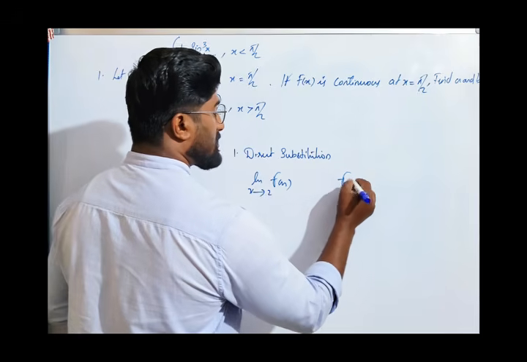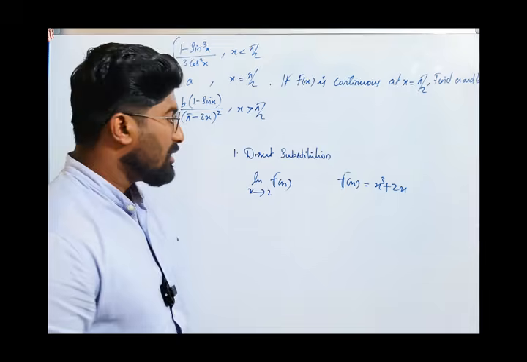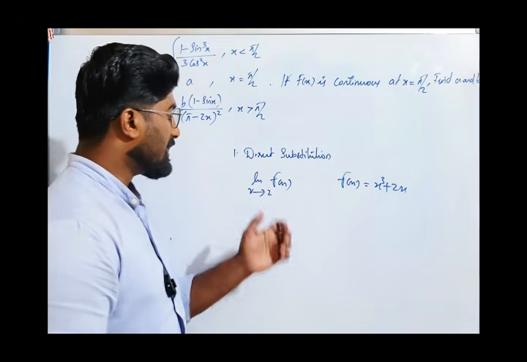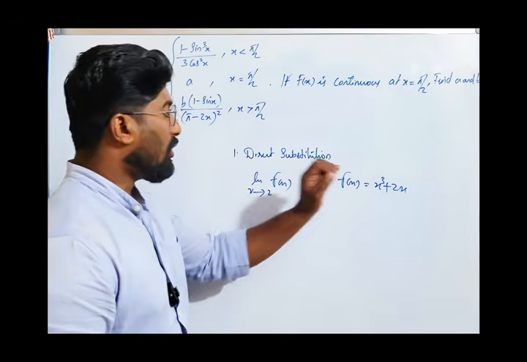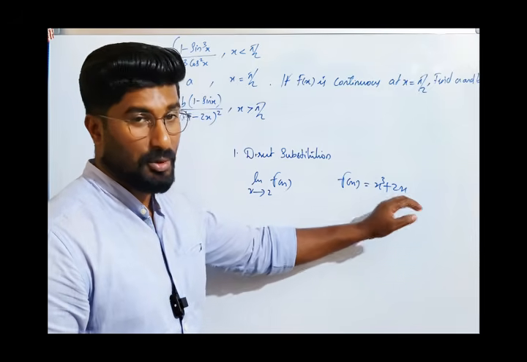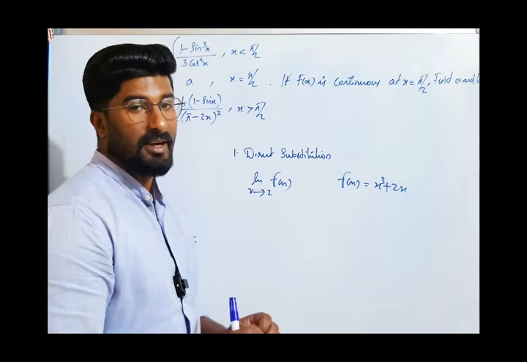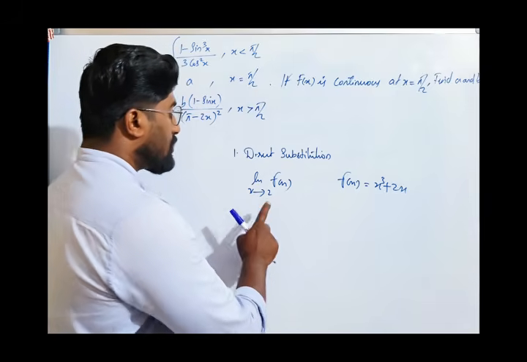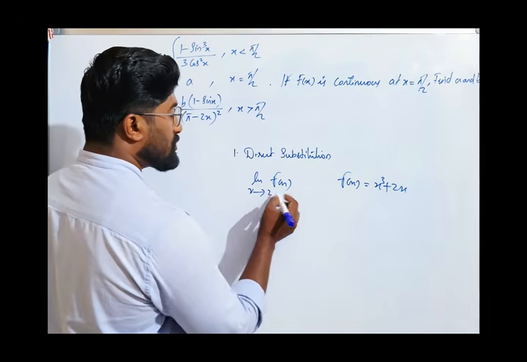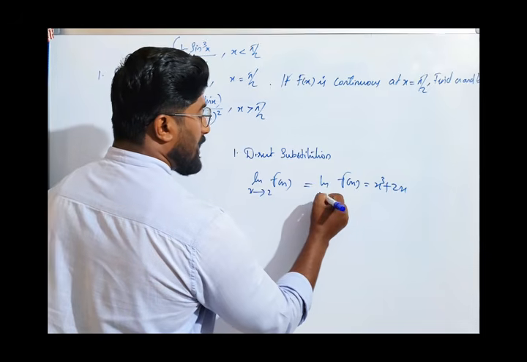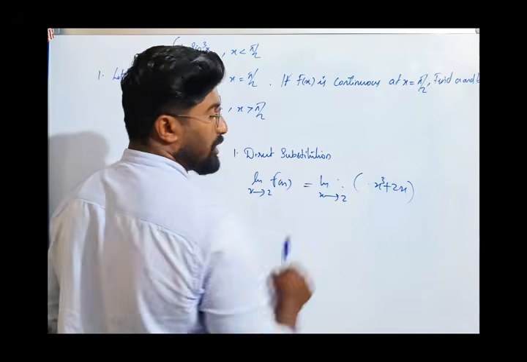where f of x is x cube plus 2x, here you can easily find the limit of the function. It's a polynomial function, and as you know, all polynomial functions are continuous throughout their domain. So first evaluate the function at the prescribed point. The point is 2, so the limit of the function, limit x tends to 2 of f of x, is x cube plus 2x.